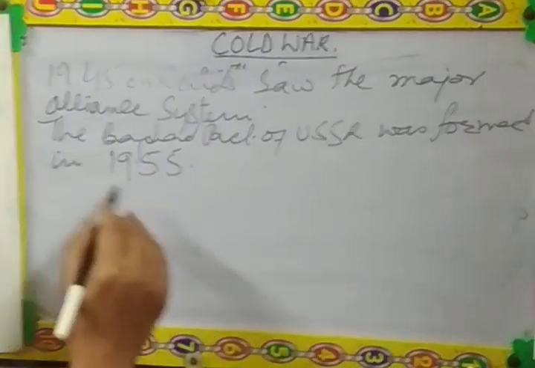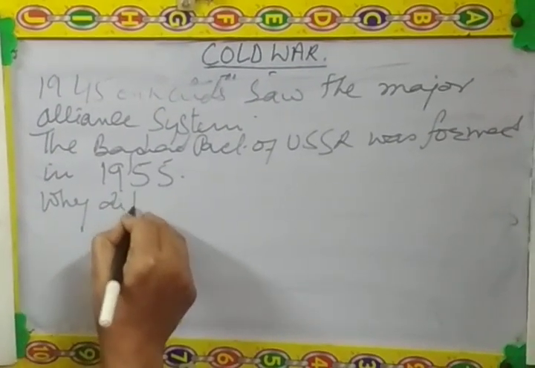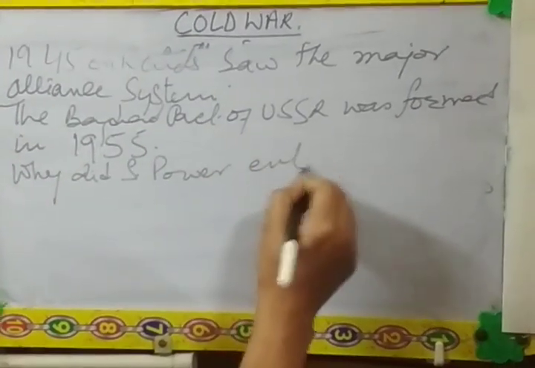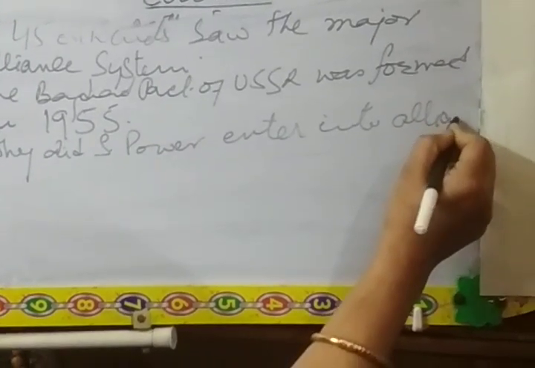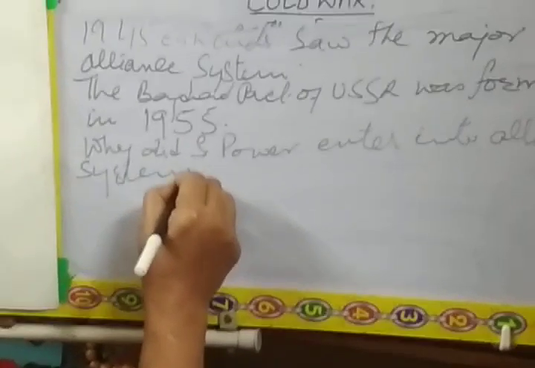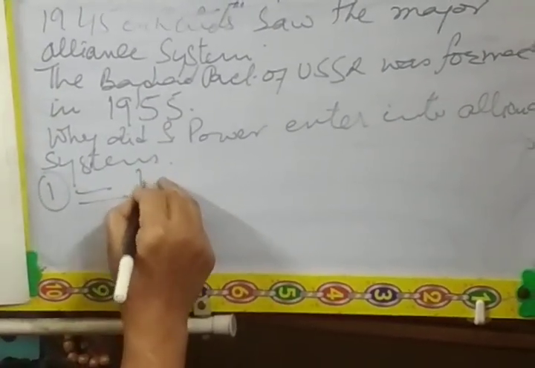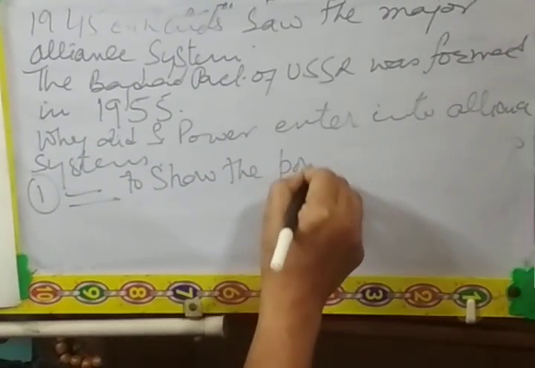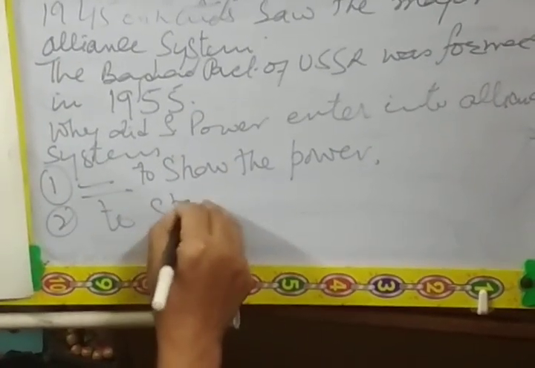Now, the question is, why did superpowers enter into alliance systems? The basic reasons are: point 1, to show the power. Number 2, to spy.